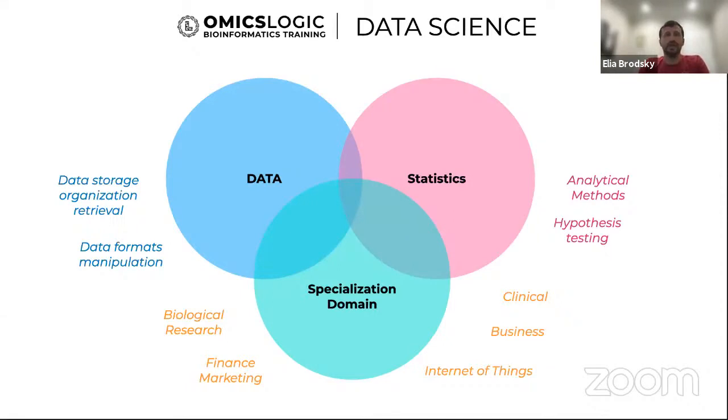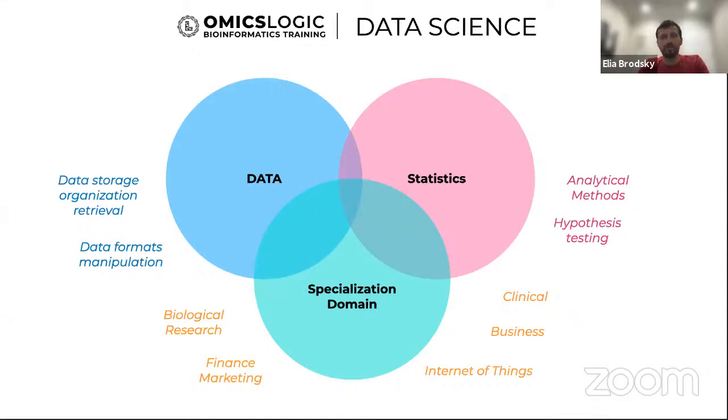So it's really analysis of that data. And then finally, you have the application of these methods and of this data to a particular domain or a specialization. In general, data science tends to be agnostic. Data science methods, just knowing how to run analysis, could be applied to very many different domains: clinical, business, Internet of Things, finance and marketing, biological research.